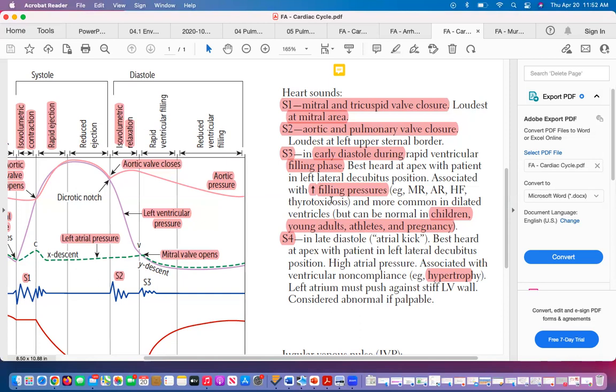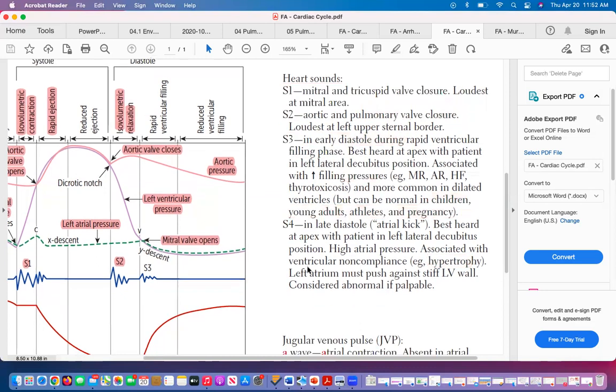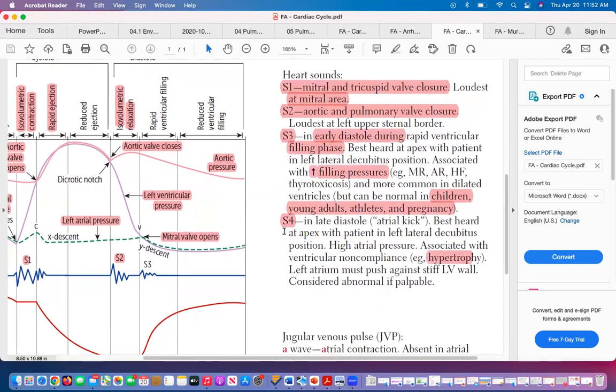That is why it says it's associated with increased filling pressure. We can also see that in young adults and athletes, because again, in athletes the filling pressure is high. So as the blood hits the ventricular wall in the rapid ventricular filling phase, we can hear the S3 sound. However, the S4 sound is not normal; it is associated with pathology.